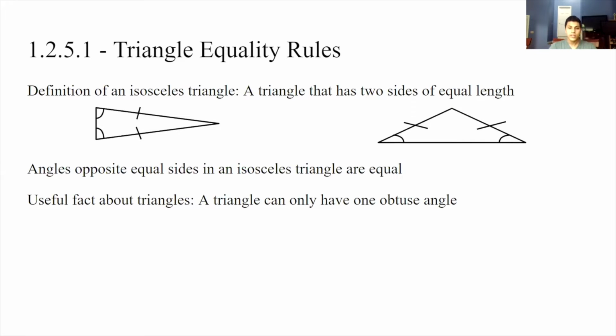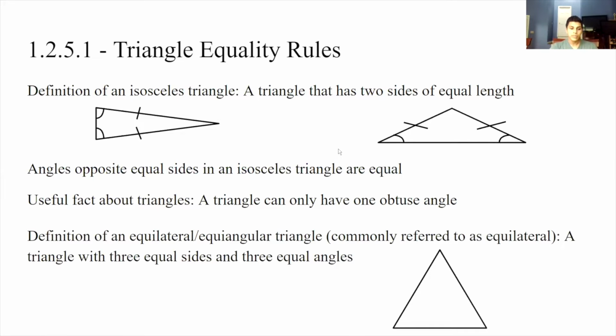So if a triangle had two angles that were 90 degrees or greater, then that would add up to over 180 degrees, which is impossible, because we know that with our triangle sum rule, all the angles in a triangle add up to 180 degrees total. It can't be any more, it can't be any less. So if you had two obtuse angles in a triangle, that would add up to greater than 180 degrees, and it's impossible. So that's just an important fact to know that might help you with a few questions.